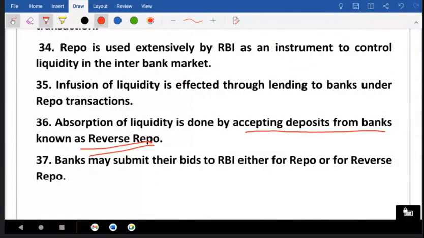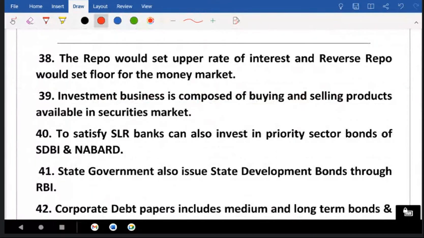And banks may submit their bids to RBI either for repo or reverse repo. That means if a bank wants money, it can give its bid to RBI, or if it wants to hand over its money, then it can go for reverse repo. And the repo rate is always more than the reverse repo rate. Always keep in mind the reverse repo is always less than the repo rate.